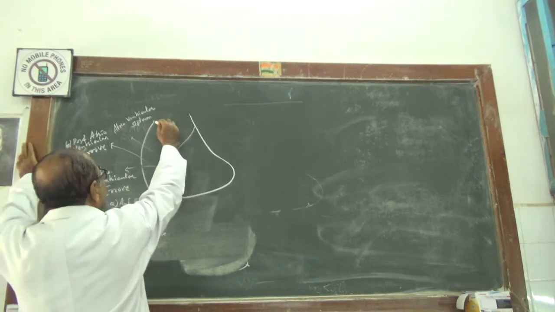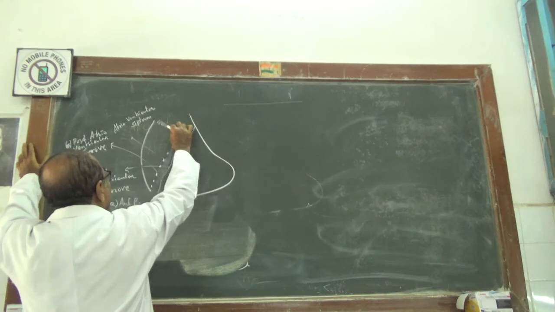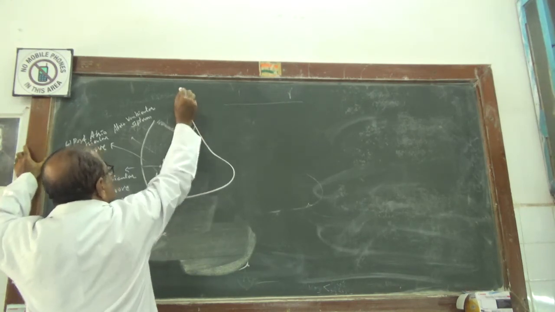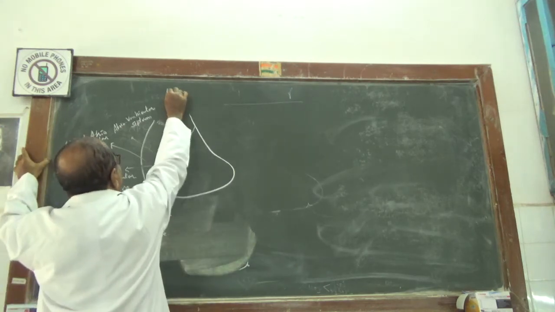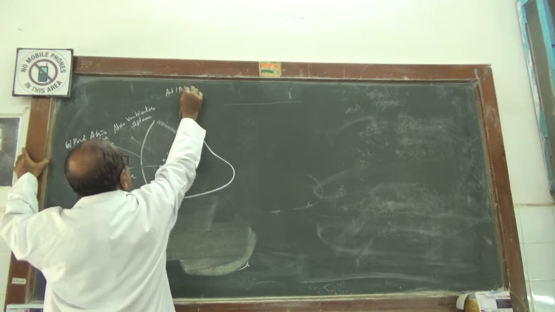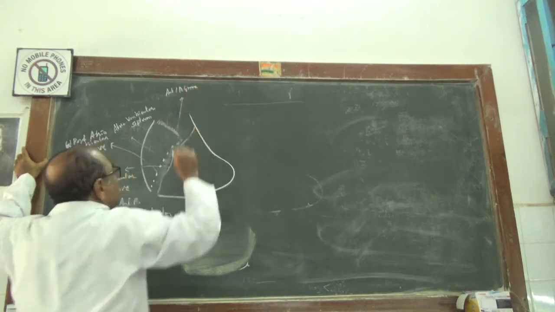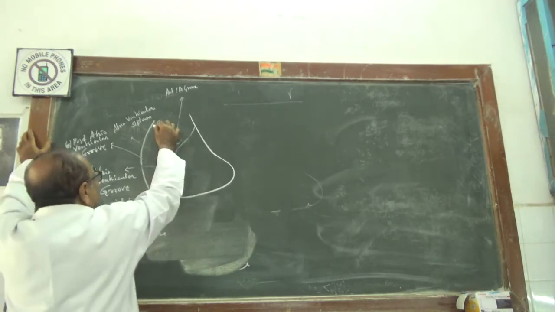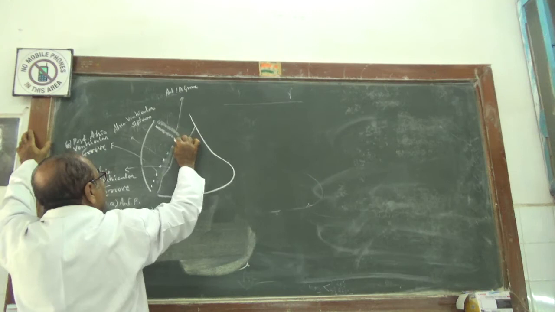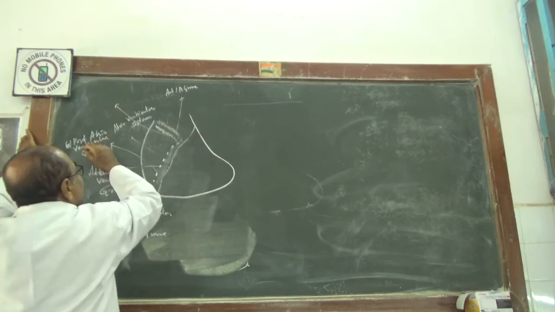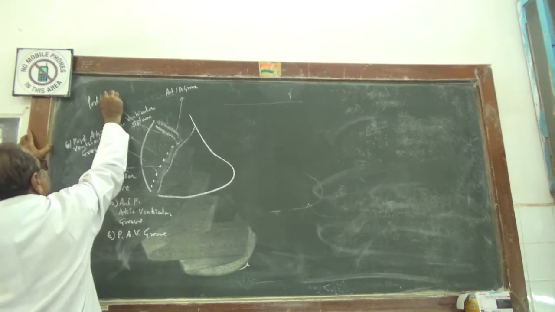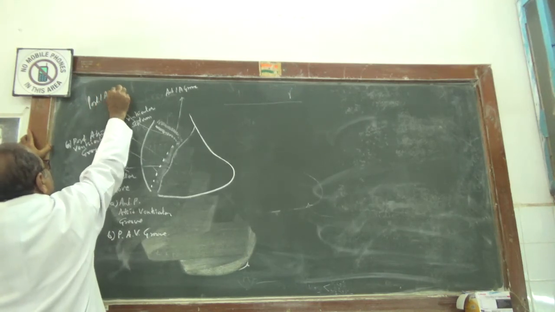Then there will be a small faint groove that appears. This is the anterior interatrial groove. On the posterior surface at the base, a more fainter line appears. That will be the posterior interatrial groove.